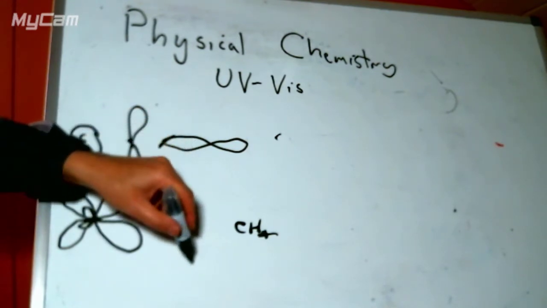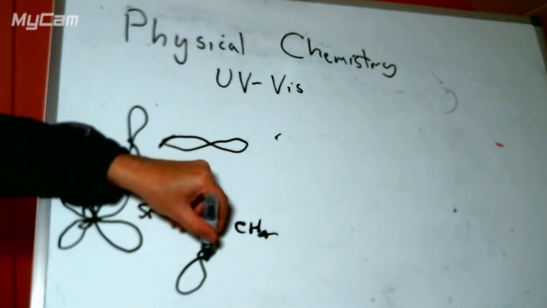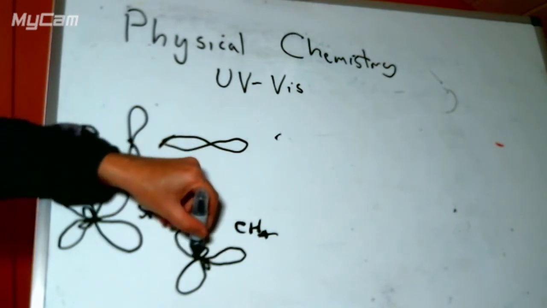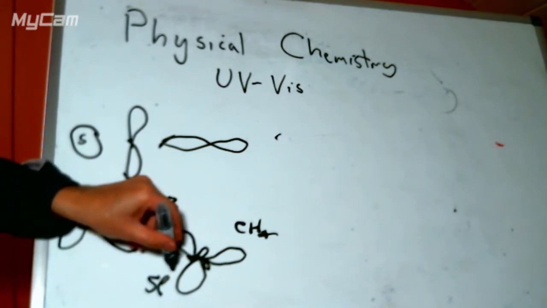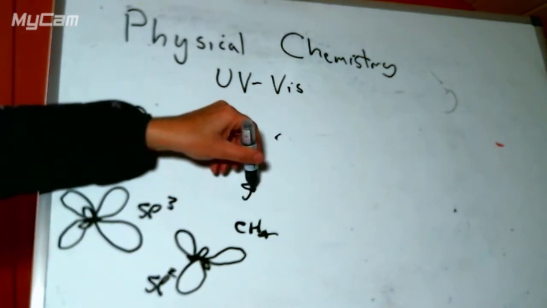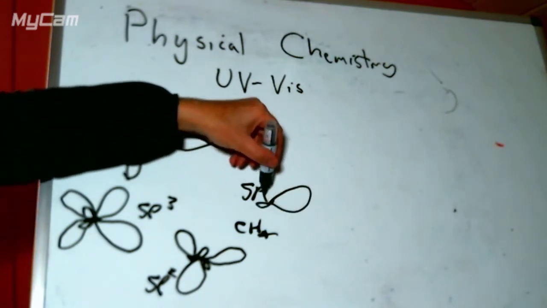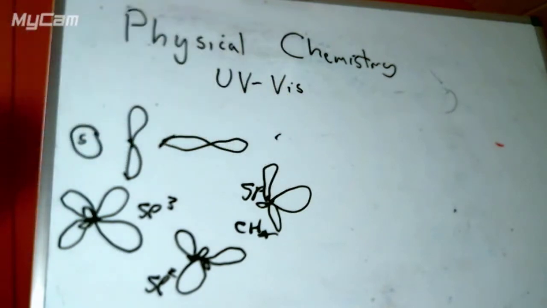We can also have sp2, which is flat and triangular, like that. And we can also have sp geometry, which is one like this, and then the two remaining p orbitals sticking out in the 2 remaining directions.